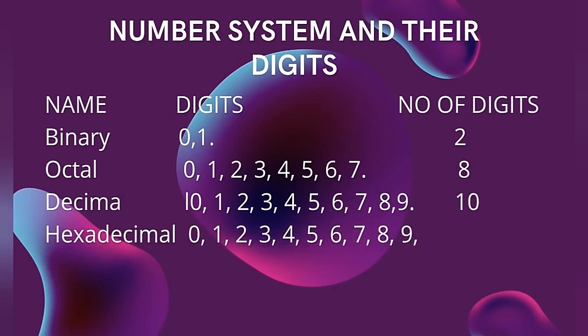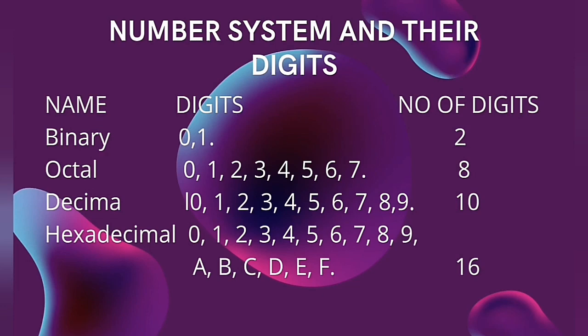Then hexadecimal allows 16 digits, since it's in base 16, 0 to 9, and the first 6 letters of the English alphabet, just as we have it displayed on the screen. You will remember that A is equal to 10, B 11, C 12, D 13, E 14, and F 15.